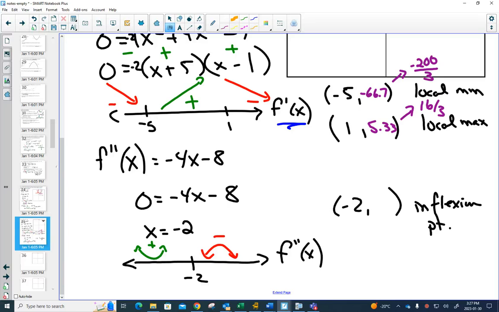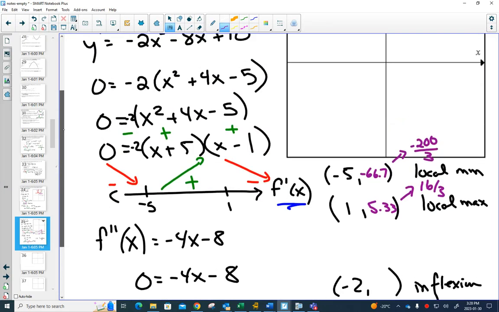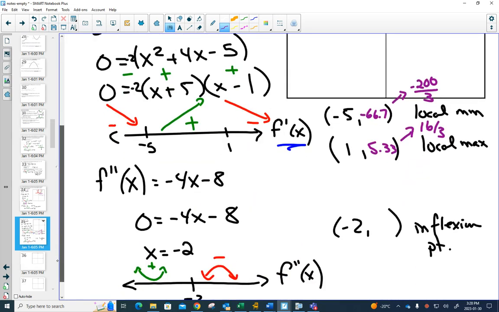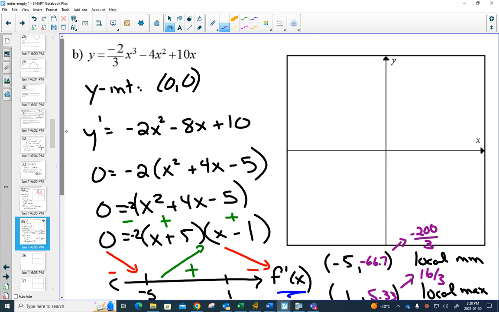Okay? Now, to find out what exactly our inflection point is, I'm going to take out my purple pen because I would have to plug that negative 2 back into my original equation. Negative 2/3 times negative 2 or positive 2?